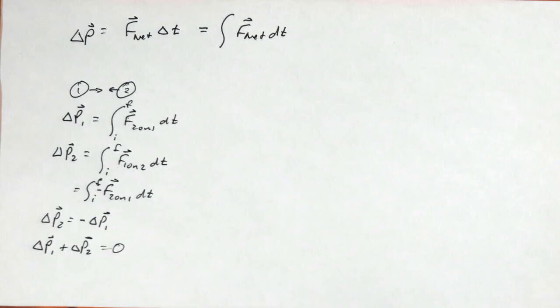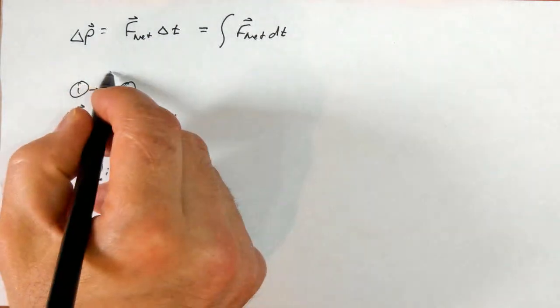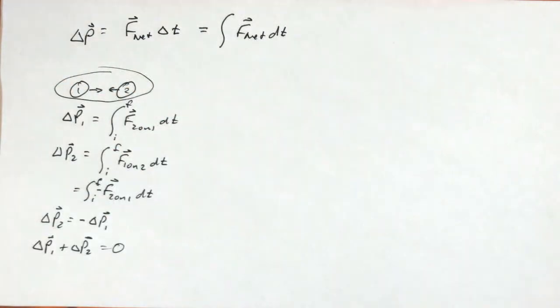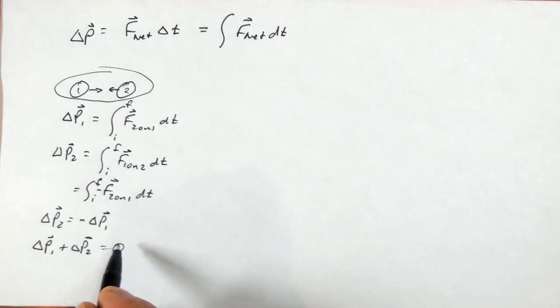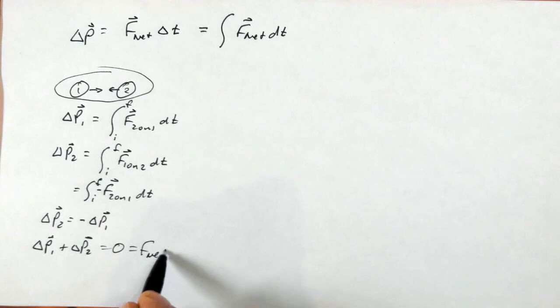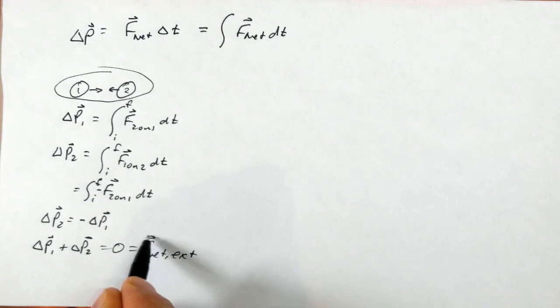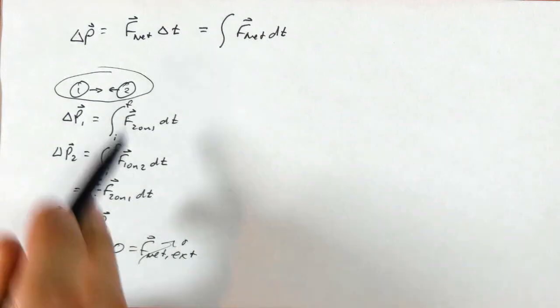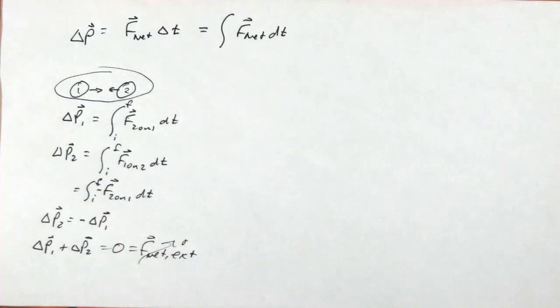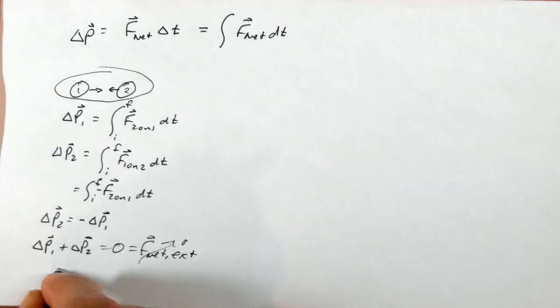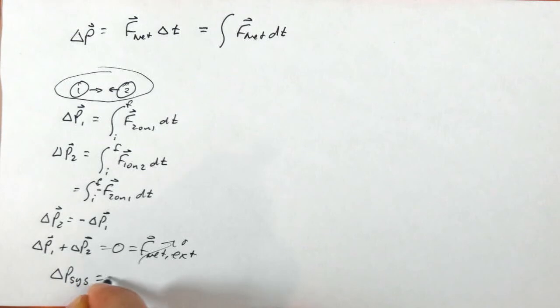If I choose for my system both balls, such that the forces are just interactions between the objects inside my system, that means there are no external forces. I could write that as net external force, and that's 0 because I've chosen both of them to be in my system. And it says that the momentum of my system is conserved. It says delta P system is 0.